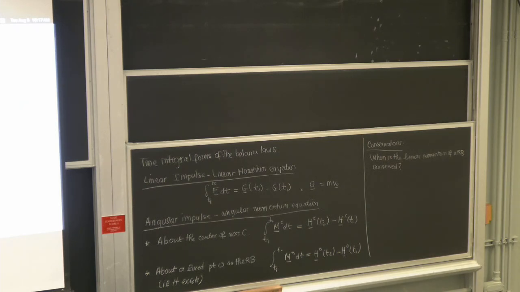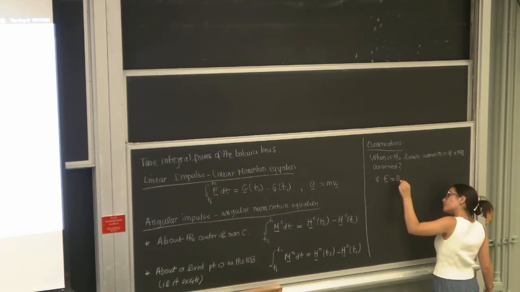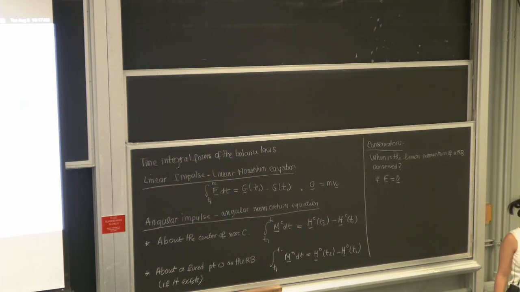Exactly, if the external forces are zero. Can someone think of an example where the linear momentum of a rigid body is conserved? Yes, like an object flying in space? Yes, exactly. If an object is flying in space, then there's no gravity, no weight, no forces acting on the rigid body. Its linear momentum is conserved.